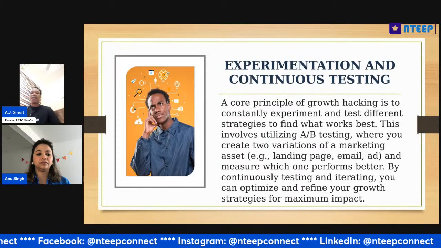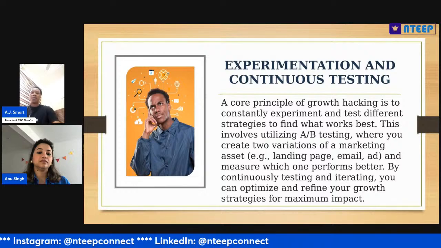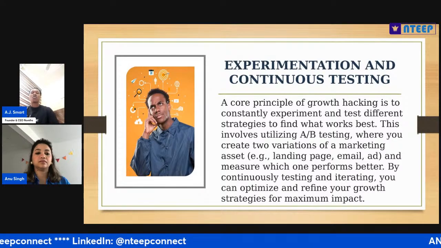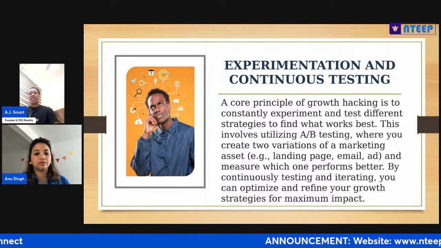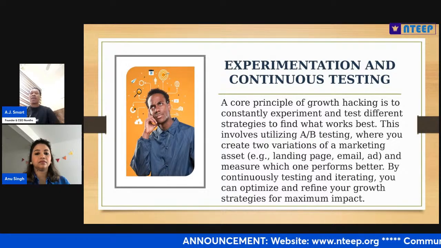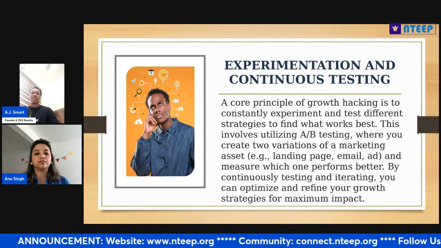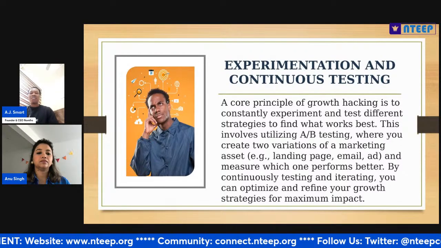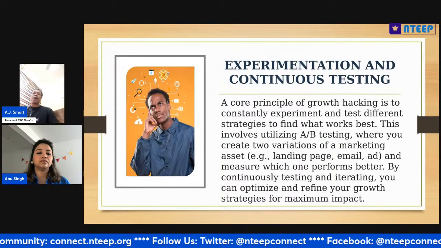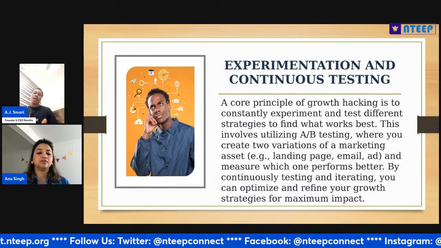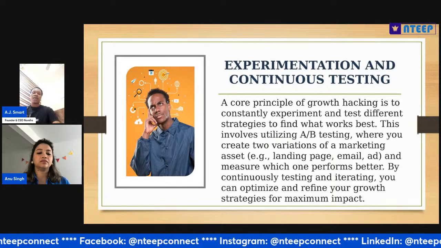So a core principle of growth hacking is to constantly experiment and test different strategies to find what works best. This involves utilizing A/B testing, where you create two variations of a marketing asset, e.g., landing page, email, and measure them. Of course, those are just examples. As I have said, this is our first step towards digital marketing, and that is why we are starting with growth hacking.